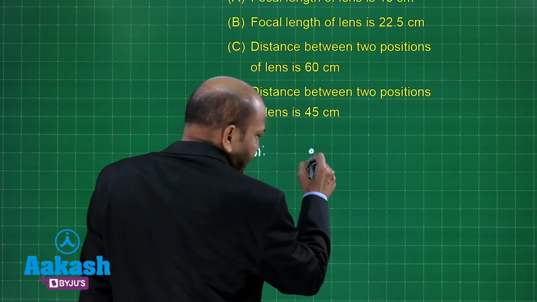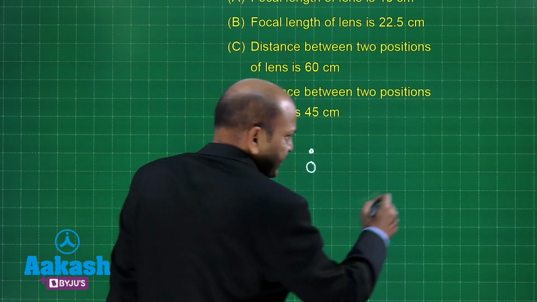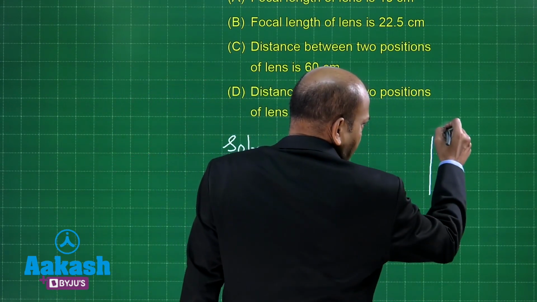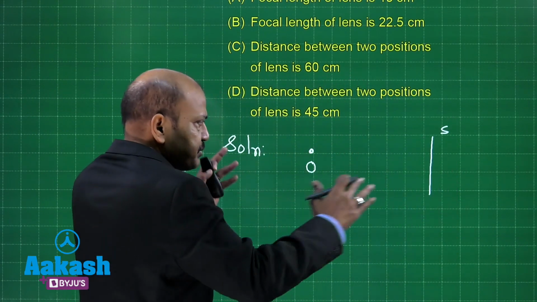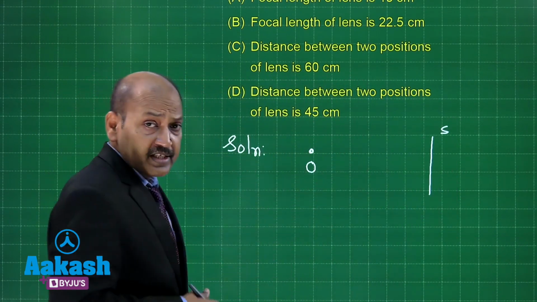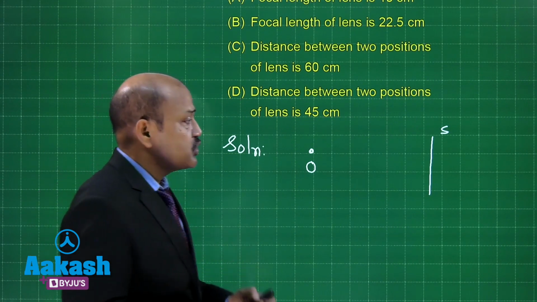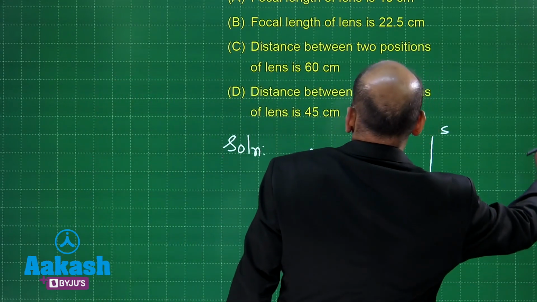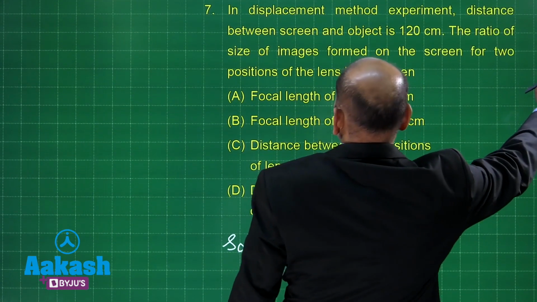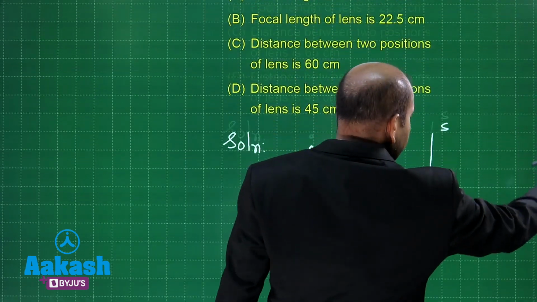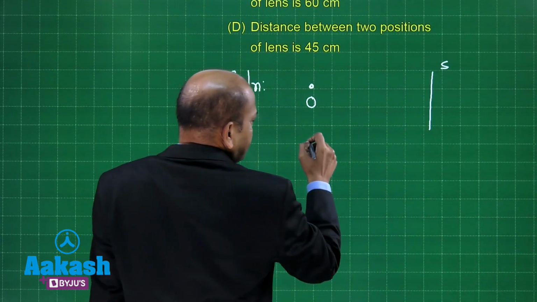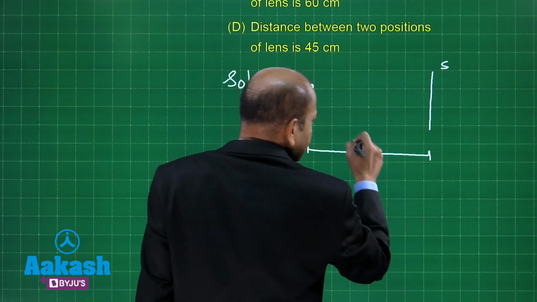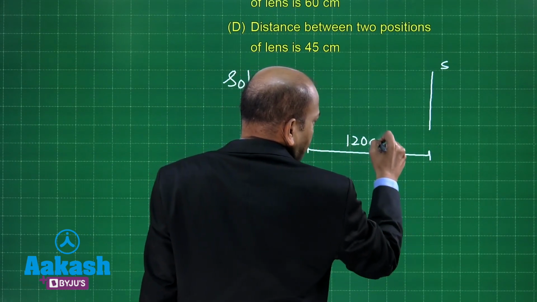So, let us say that here is the object and here is the screen, and the distance between the two is fixed. In this case, the distance has been given as 120 centimeter, isn't it? So we can show that this distance is 120 centimeter.